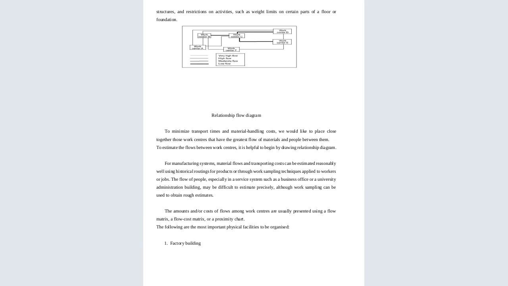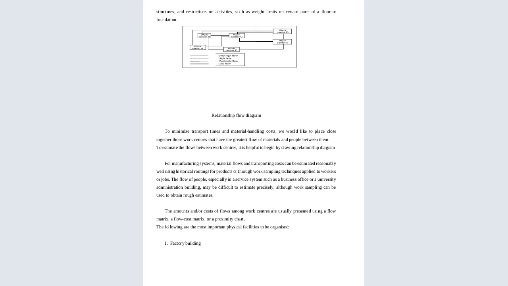So, for manufacturing systems, material flow and transport costs can be estimated reasonably well using historical routes for products or through work sampling techniques applied to workers or jobs. So too the flow of people, especially in a service system such as a business office or a university.